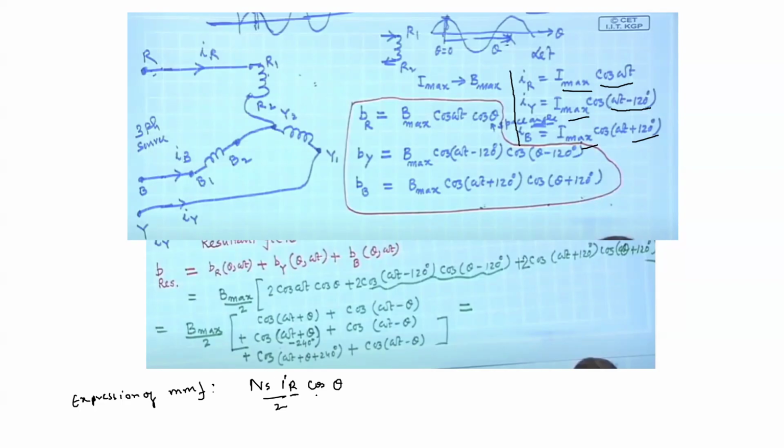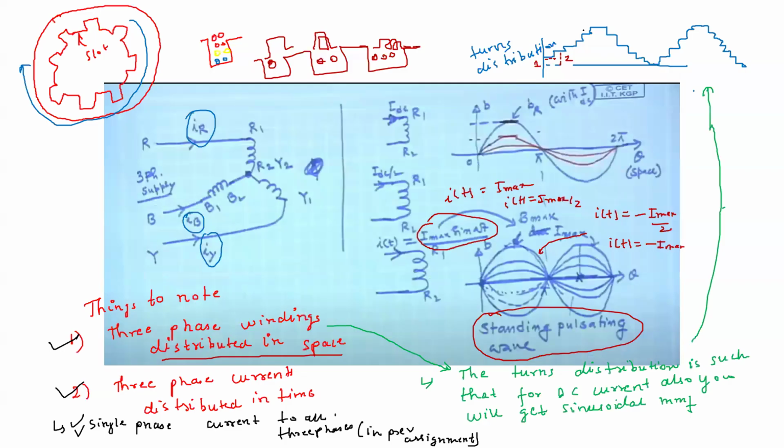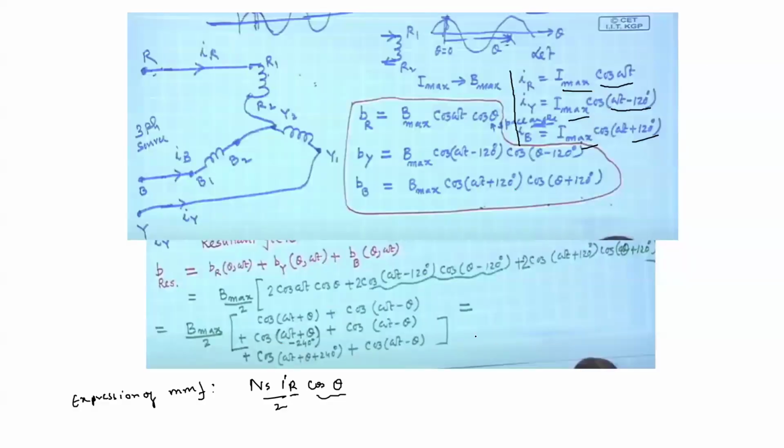Now this cos theta is coming because of the distribution in space. We can see that when theta varies, even if you give DC current, that is, if in place of Ir you place I DC, because of this theta you will get a sinusoidal MMF. Okay, so this is the expression of MMF.